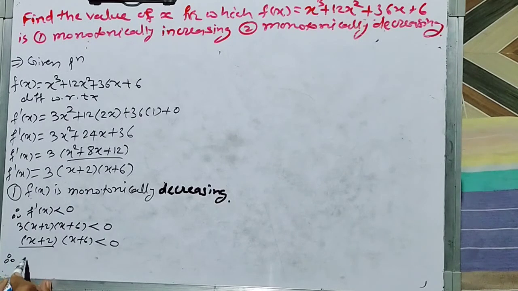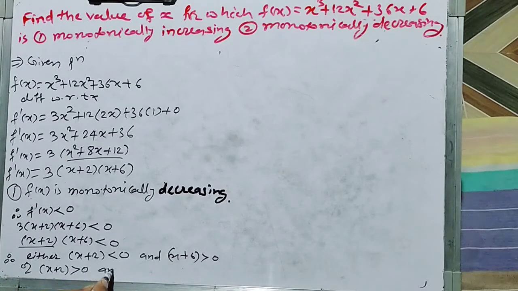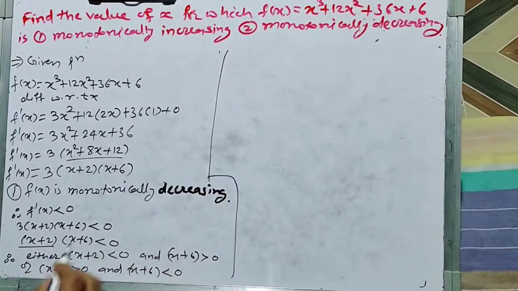So therefore either x plus 2 is negative and x plus 6 is positive, or x plus 2 is positive and x plus 6 is negative. It means either x plus 2 is less than 0 and x plus 6 is greater than 0, or x plus 2 is greater than 0 and x plus 6 is less than 0.